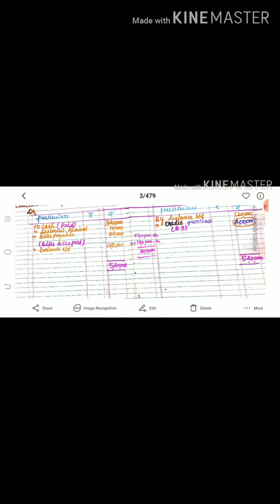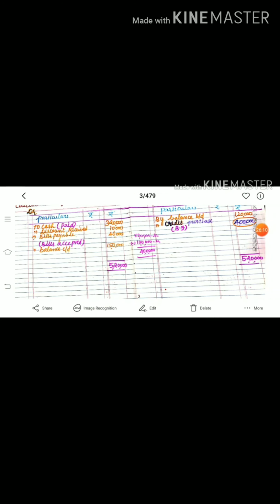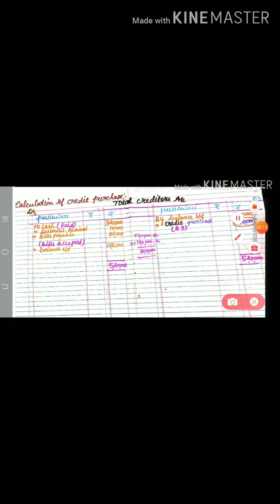Credit side: by balance brought down, this is the opening creditors value 1,20,000. Debit side: to cash paid 3,20,000, discount received 10,000, bills payable 40,000, which means accepted bills 40,000. Then closing balance 1,50,000.